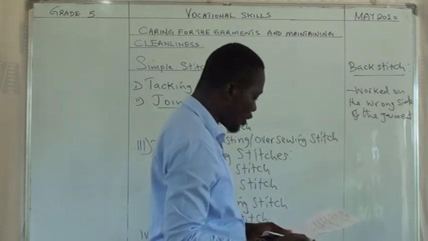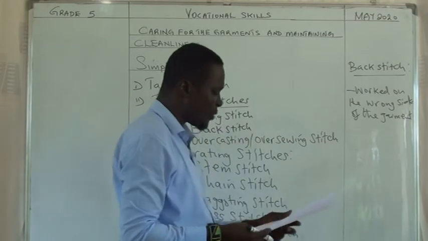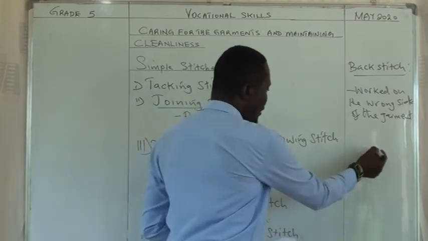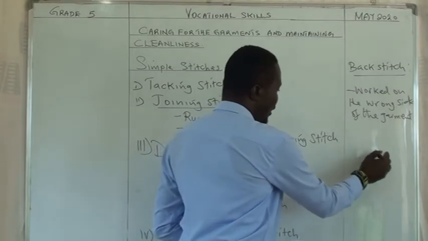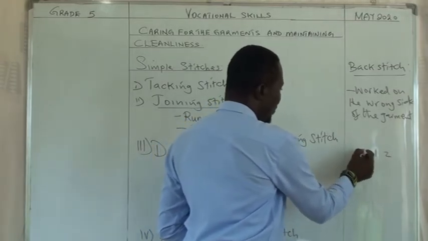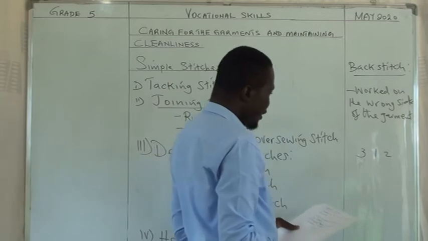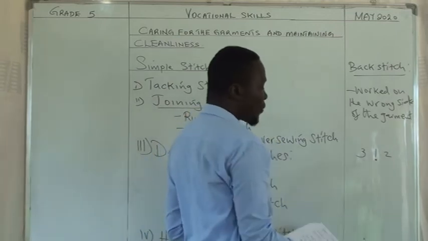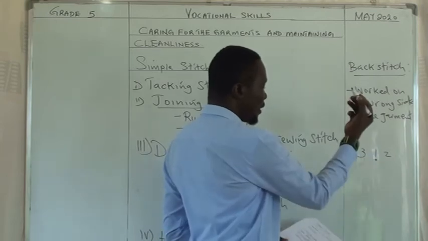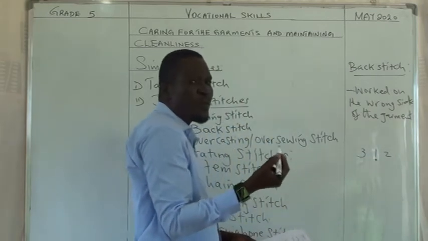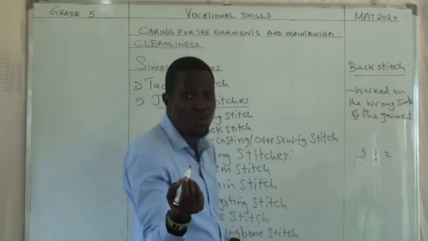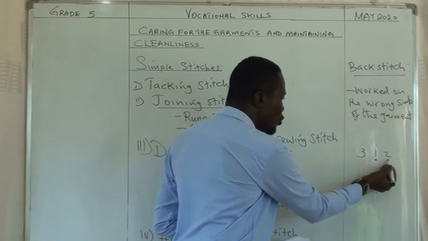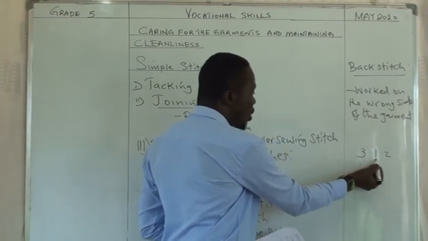And then you do your sewing. But how do you do your sewing when you're working on the backstitch? This is point number 1, this is point number 2, and this is point number 3. We bring in the needle at point number 1 from the back, slightly in front of where the sewing will begin. So if the sewing begins at point 2, we bring it at point 1.